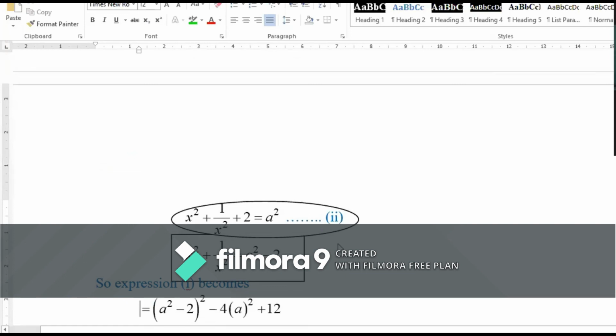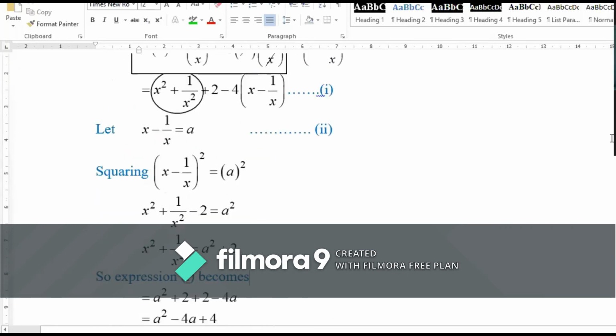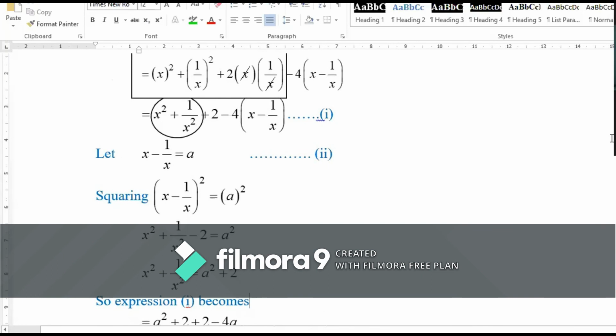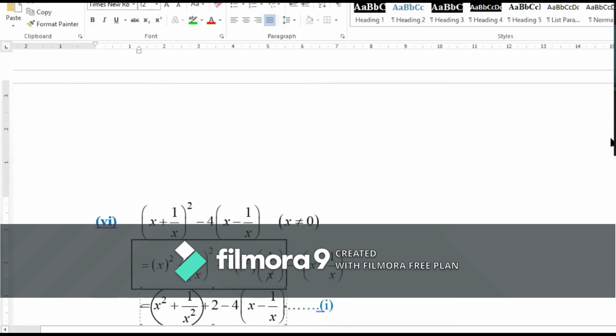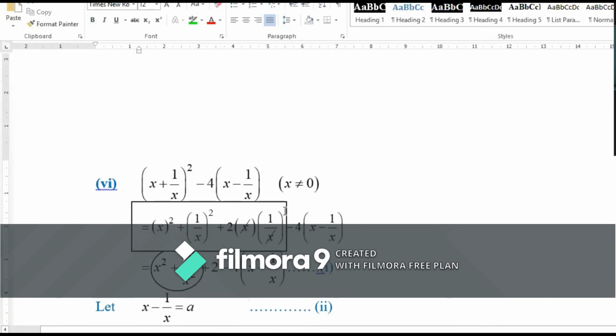In the sixth part, the statement was in the form of x plus 1 over x only, but in part number 7 it contains a perfect square of the sum of squares, x square plus 1 over x square. So because of the difference in the question, I have done it this way. But as I told you earlier, in this part right here, which I have highlighted, instead of doing it in the very first step, you can do it even after the substitution.